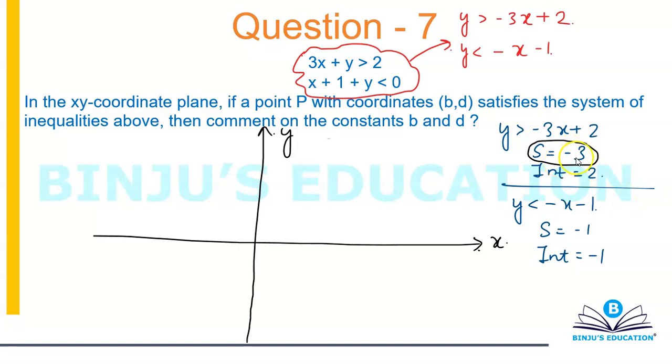Now the line which has a slope of negative 3, in comparison to the line which has a slope of negative 1, is going to descend more. Let me repeat myself. The line having slope negative 3 is going to descend more in comparison to the line that has a slope of negative 1. It's exactly the opposite. Like, let's suppose I have a line which has a slope of 5, and another line having a slope of 2.